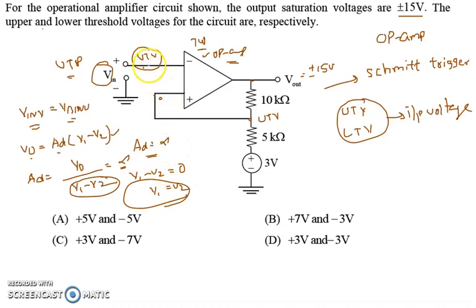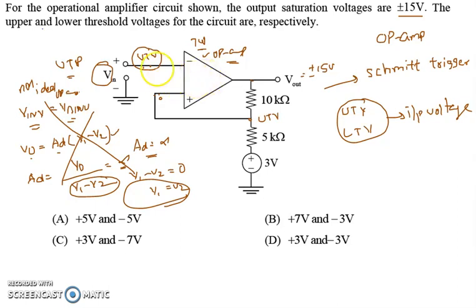That's why the voltage maintained at the inverting terminal is also maintained at the non-inverting terminal, and this applies only to the ideal operational amplifier. This case doesn't work out for a non-ideal op-amp. So here we have to solve this problem by assuming it is an ideal operational amplifier.